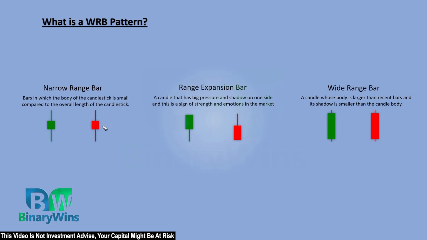And it shows that the war is between buyers and sellers. Inconclusive means there is uncertainty in the market. Usually these candles are one of the signs of trend reversal.